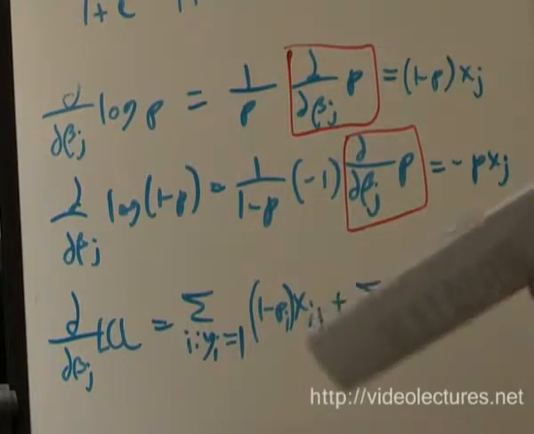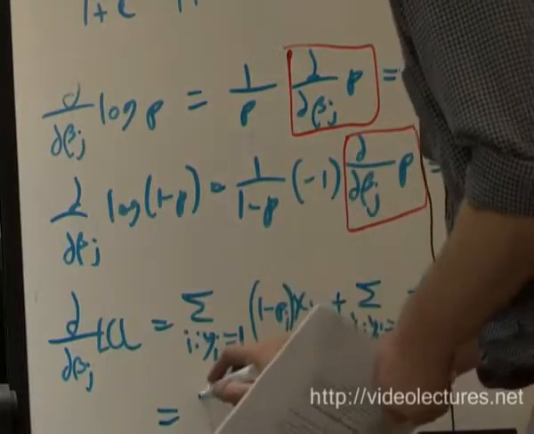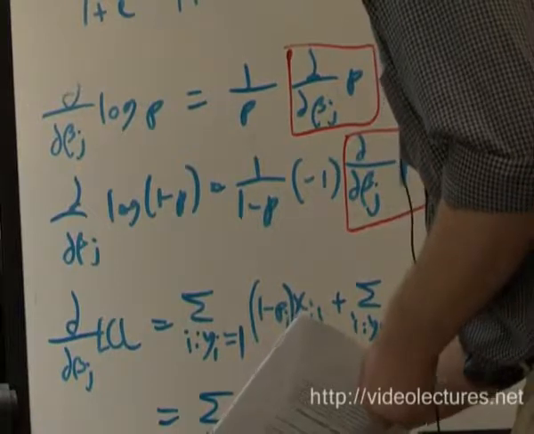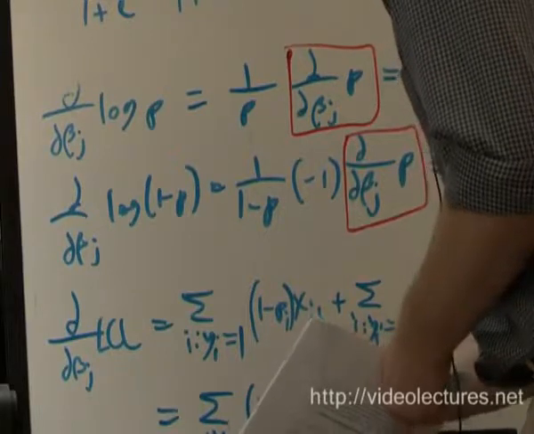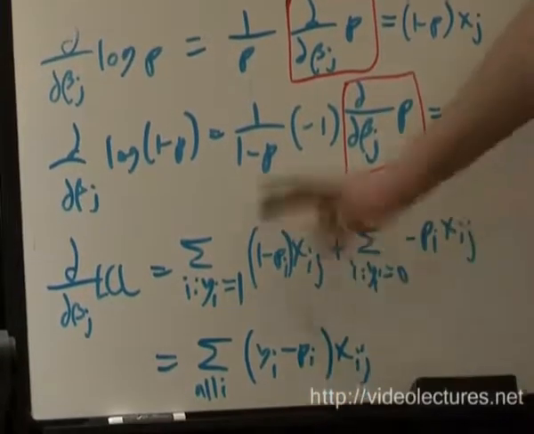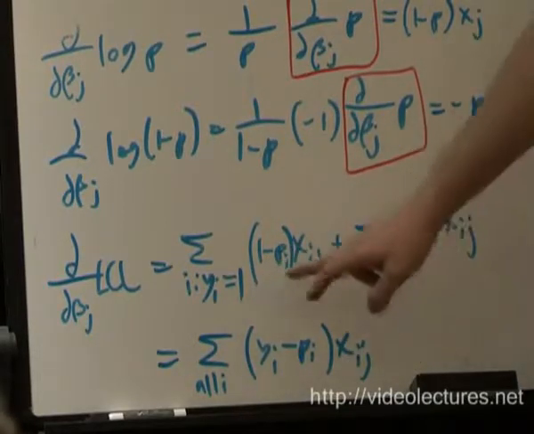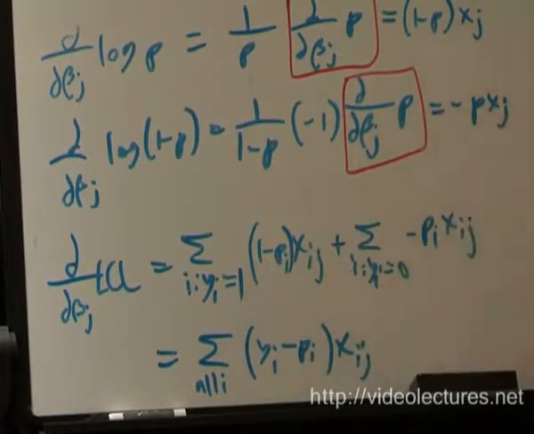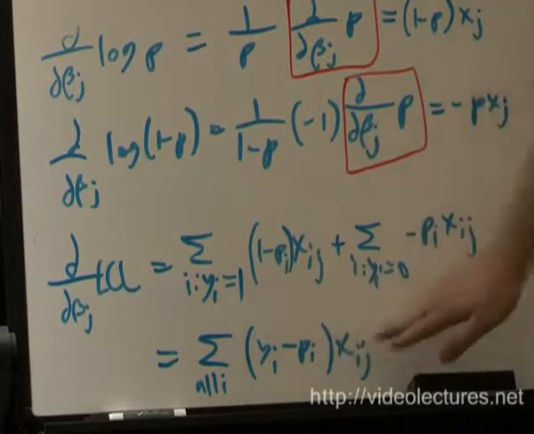And now I'm going to use just a notational trick: sum over all i of yi minus pi times xij. This is really a trick. For the positive i's, 1 is equal to yi, so I can write yi instead of 1. And for the other i's, yi equals 0, so instead of writing 0 minus pi, I can just write yi minus pi. Put them together, I get this.